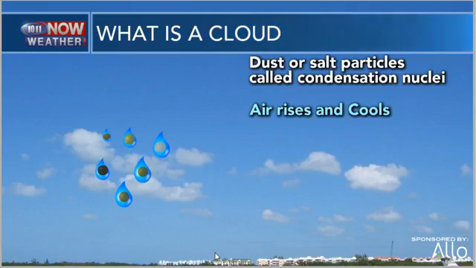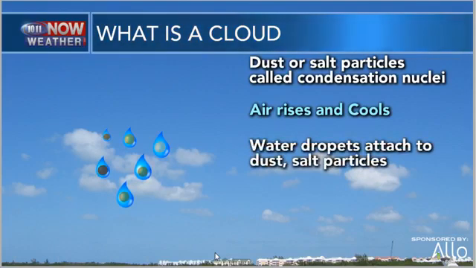As you know, the air rises, and as it rises, the air cools. So what tends to happen is the water vapor, which is in gas form, becomes liquid. But that liquid needs something to attach to. It can't form out of thin air. So these water droplets attach to these dust particles, dirt particles, and salt particles.